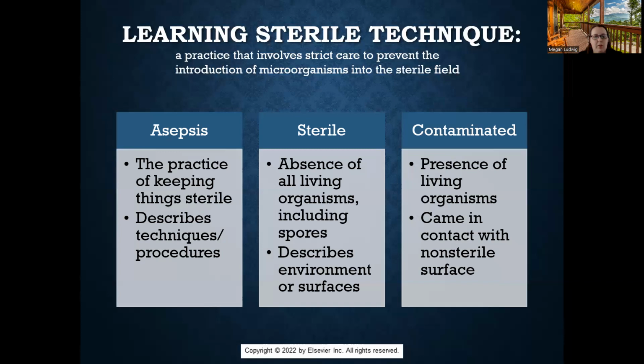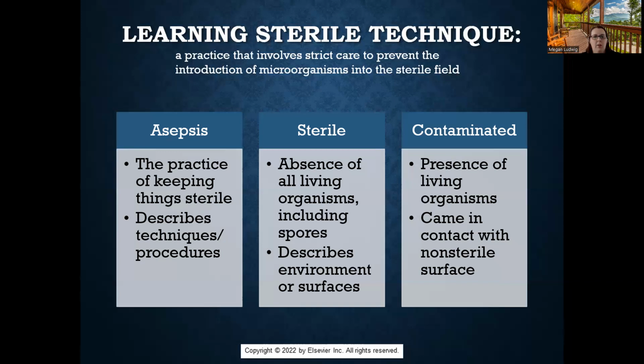So sterile, you'll see this term a lot because, again, one of our main jobs as a surge tech is to keep things sterile. That word means the absence of all living organisms, including spores. That's the key there, okay? Including spores. Because some things can be considered clean or surgically clean, but they didn't kill the spores.